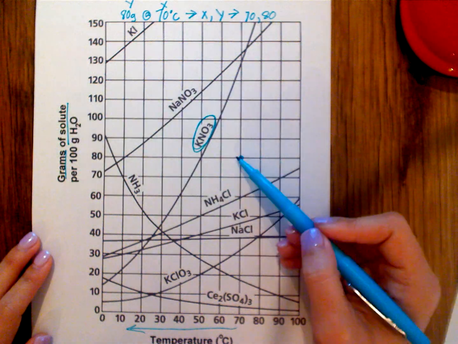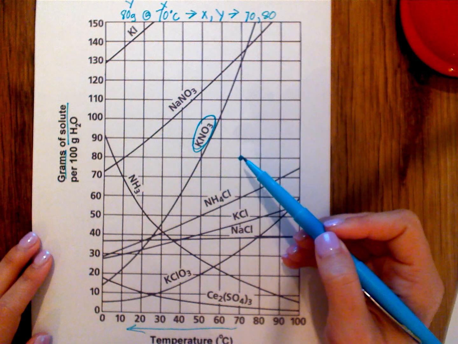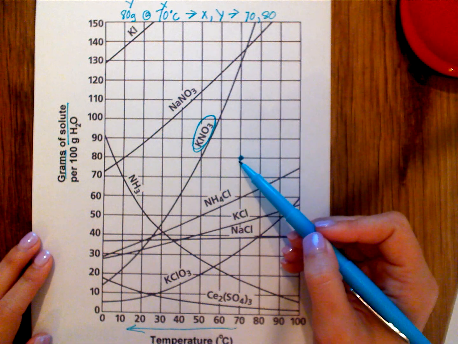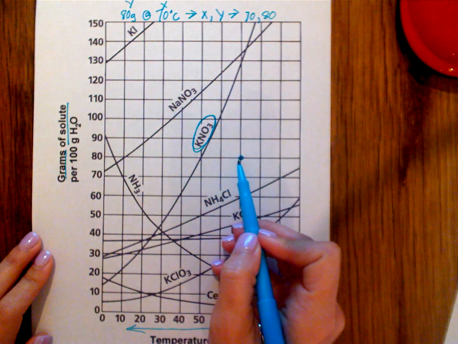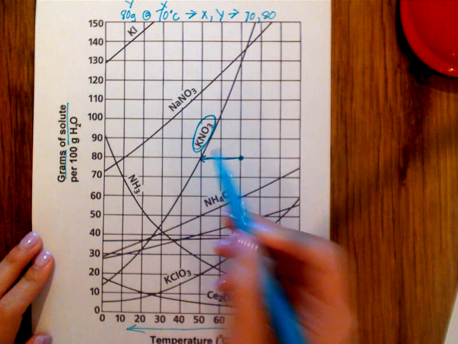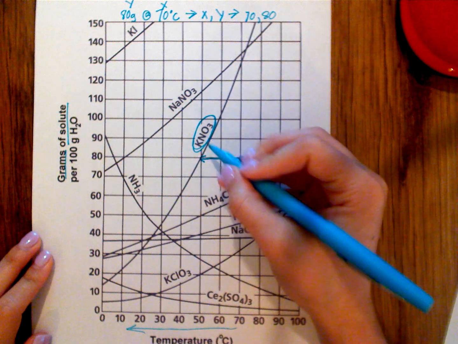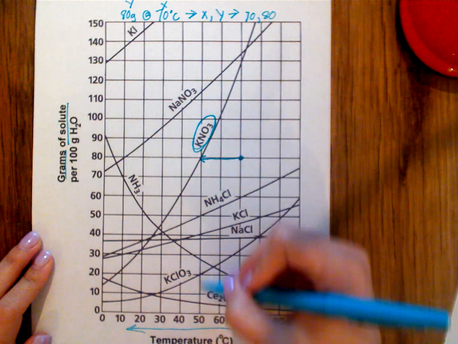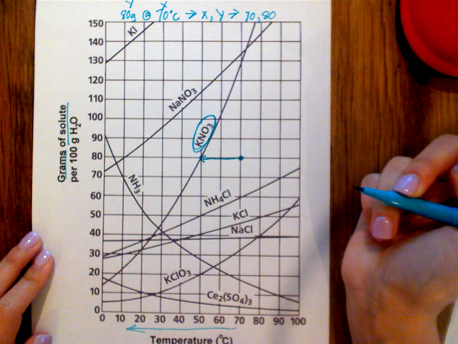I'm simply changing the temperature. So my y coordinate stays the same while my x coordinate begins to change, which is going to shift this dot closer and closer and closer to the line. So eventually I end up at 50 degrees Celsius, smack dab on the line.